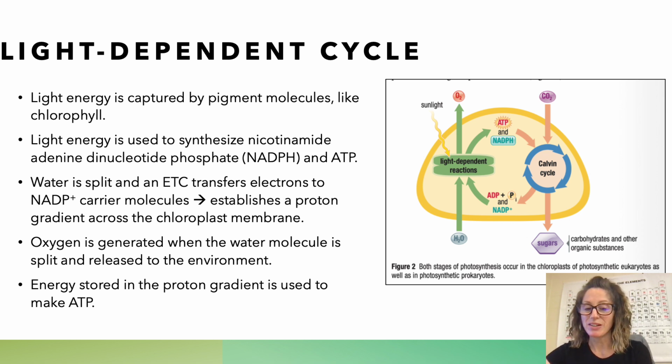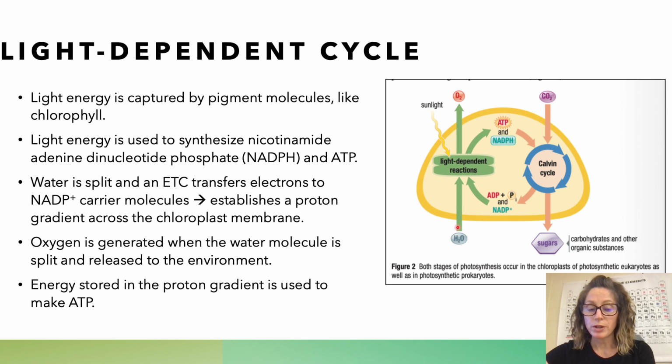So this looks a lot like NADH, which we see in glycolysis and cellular respiration. So this is a similar product. It is being used to carry electrons to an electron transport chain. We're also getting the production of ATP, which will be used a little bit later on.